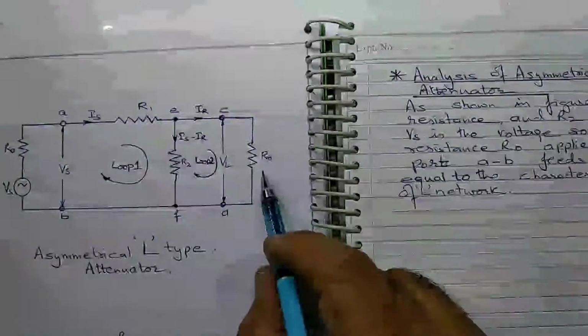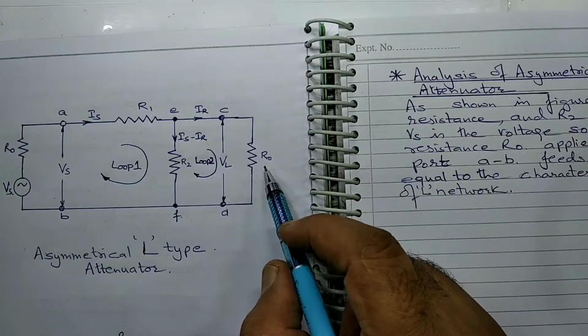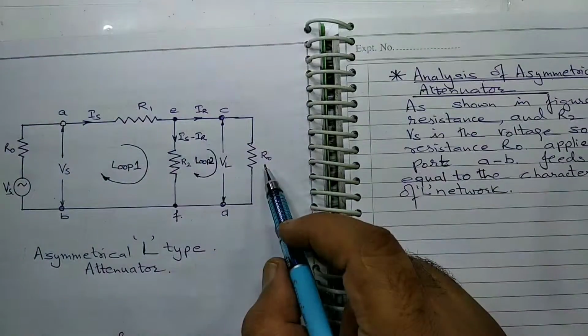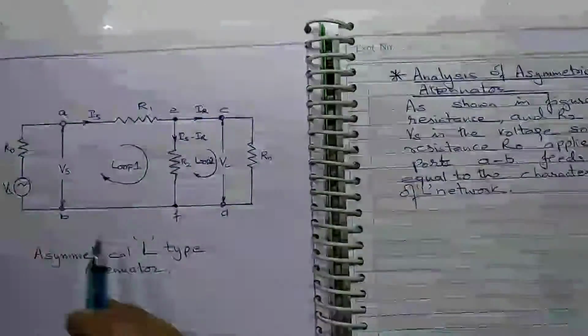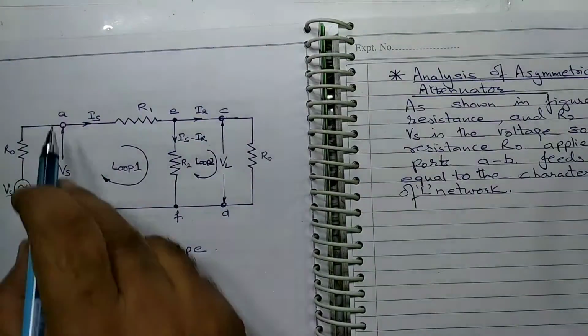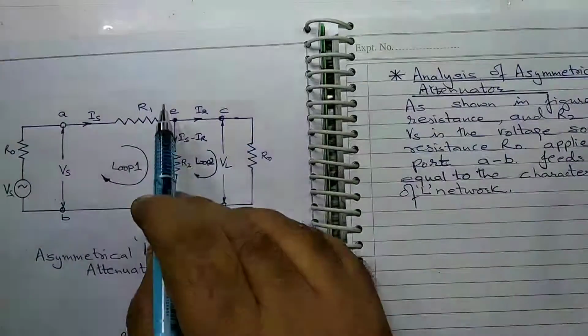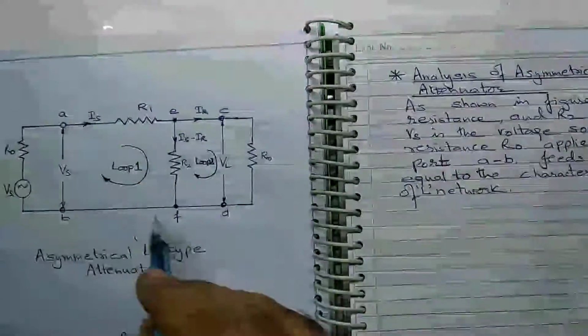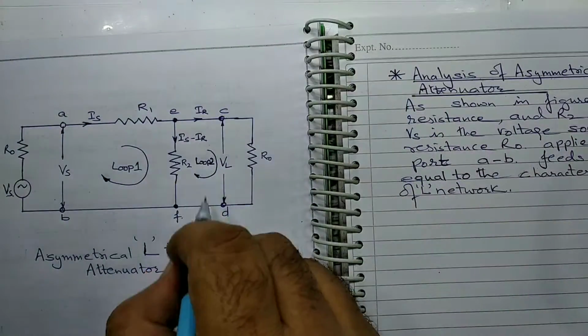Also, on the output port CD, a characteristic impedance Ro is connected. So, loop 1 is ABEF, loop 2 is ECDF.